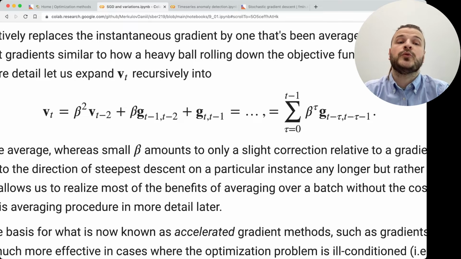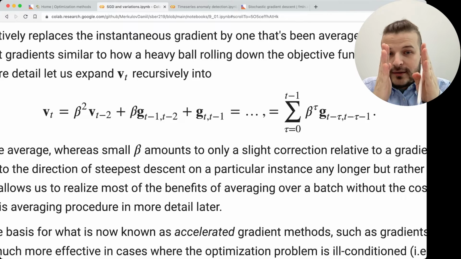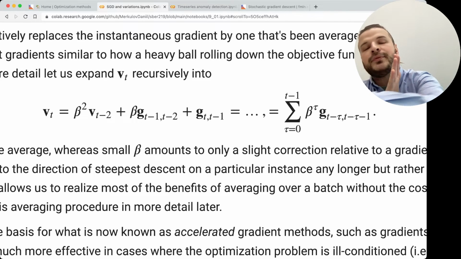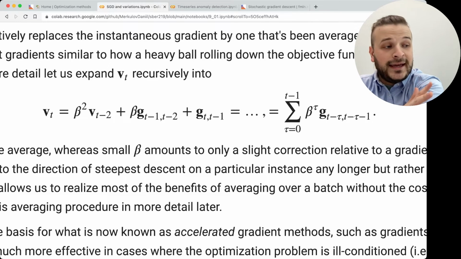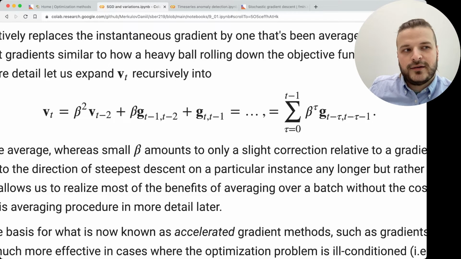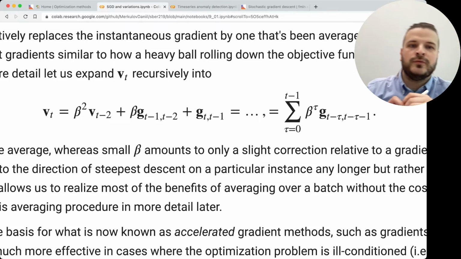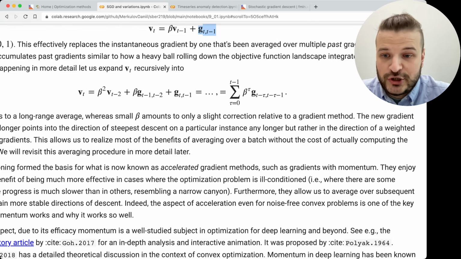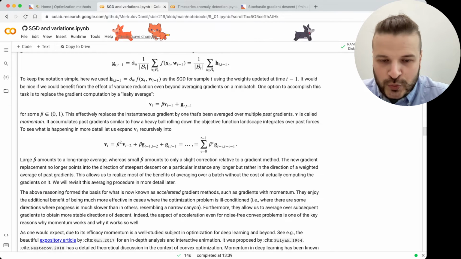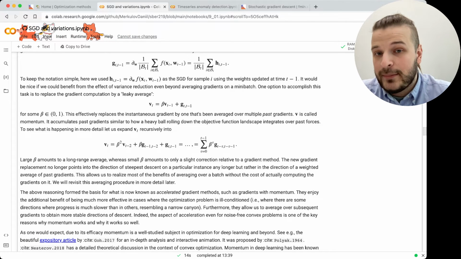It means that you're looking at the current anti-gradient, but you're also taking care of the previous directions. And the farther the direction, the less it takes part in your new moving direction of optimization. That's actually what is called Polyak momentum, also called the heavy ball method or just momentum.